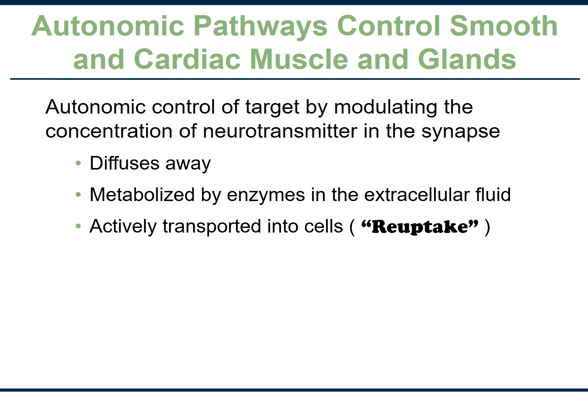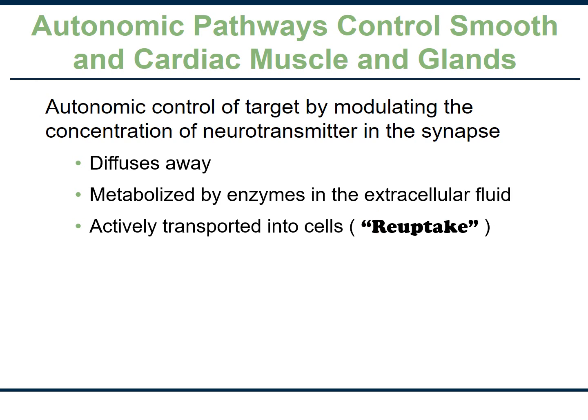A third thing that can happen is reuptake. That is to say, the neurotransmitter is transported back into the cells, often by forms of active transport. Whether it's the intact neurotransmitter or a piece of the neurotransmitter, like acetylcholine, we're taking choline back into the neuron to be recycled. But in either case, we're taking it back into the cells. That is similar to reuptake.